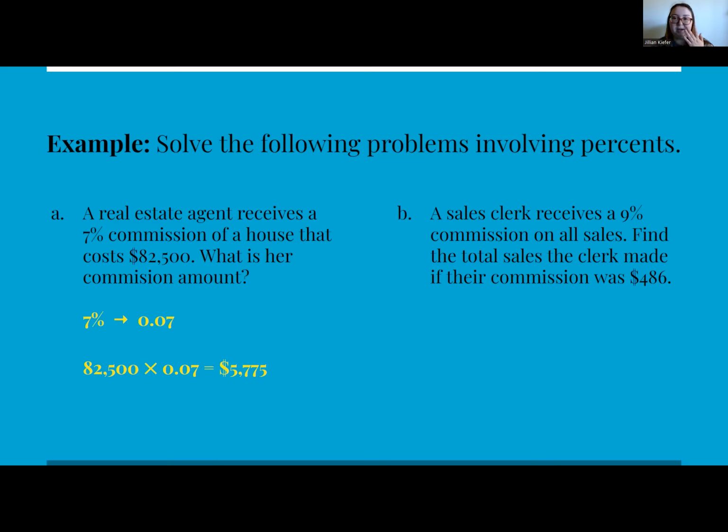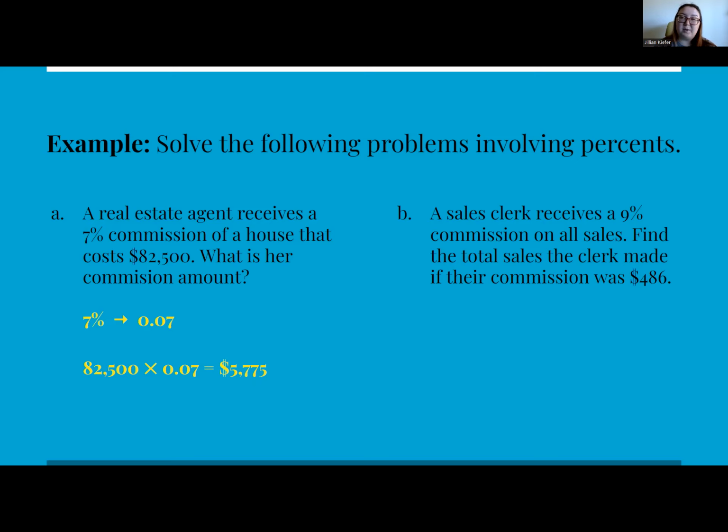All right, so then part B. Part B is a little different because now we have that the sales clerk receives 9% commission on all sales, but now you want to find the total sales that the clerk actually made in order to get the commission of $486. So now we're saying 9% of sales, which we don't really know, is $486.